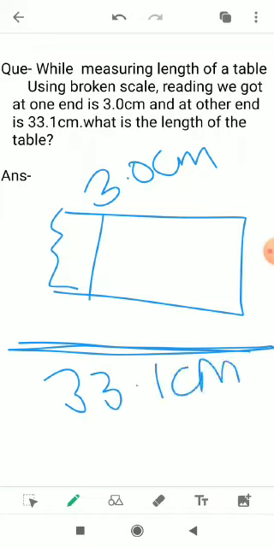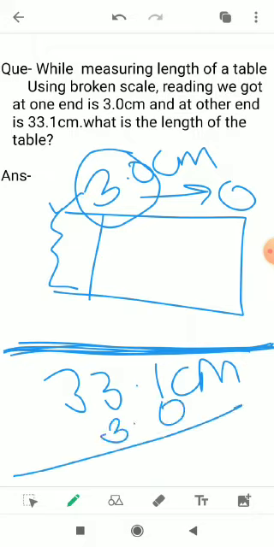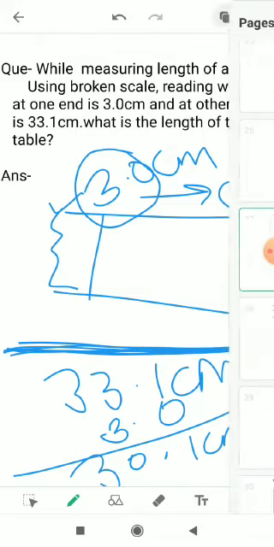So tell me, what will be the exact length of this object? As we have assumed this 3.0 as 0 centimeter, now we need to subtract this 3.0 from this value, and by subtracting we will get the value 30.1. So we can say the exact length of this particular object is 30.1 centimeter.